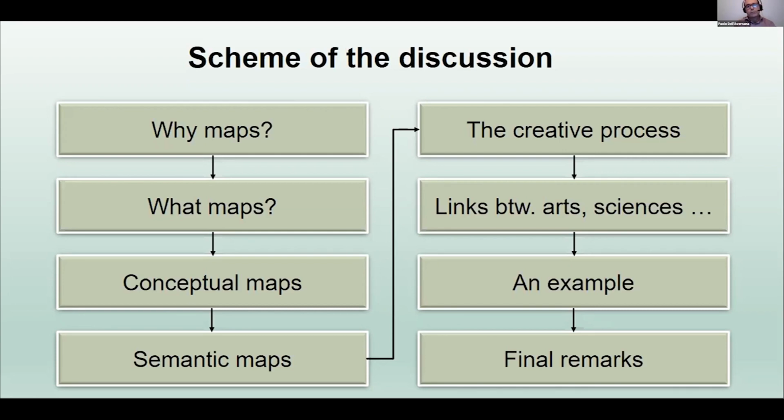And this will introduce us to the very important concept of creative process. So I will try to explain my point of view about the creative process in art, science, technology, music, and why all these creative processes have some common background in the different fields, the different areas of human knowledge.